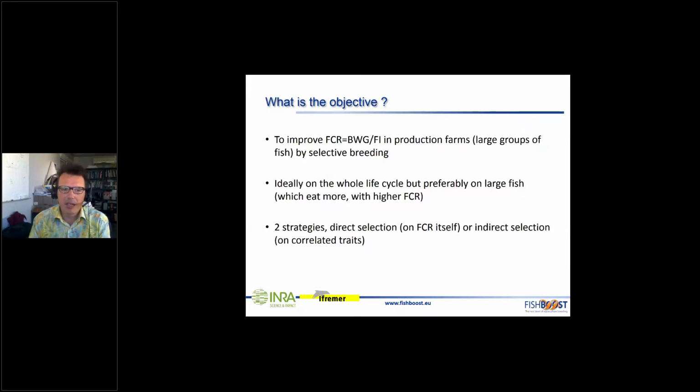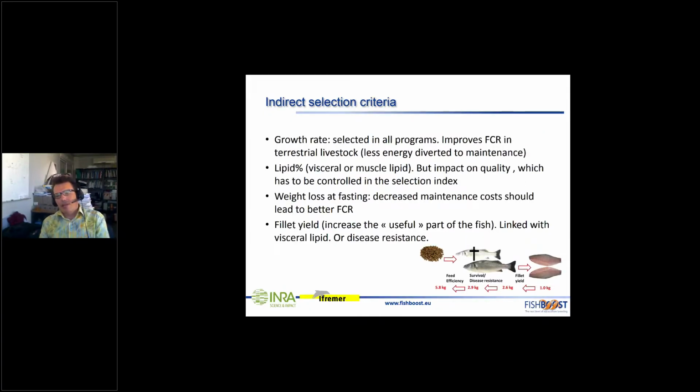Direct selection is in theory easy, but in practice very difficult, because, as Antti said, we cannot easily measure the individual feed intake of fish when they are reared in normal groups in farms. So what about indirect selection criteria? Antti already talked about growth rate.